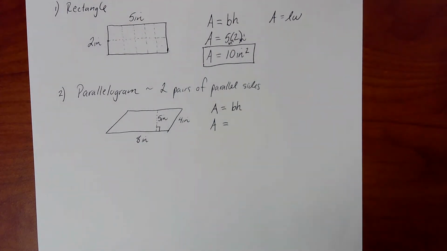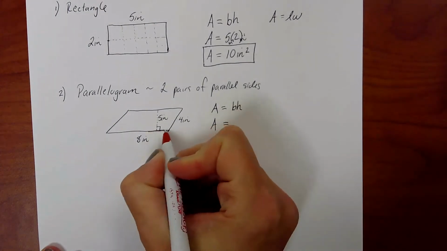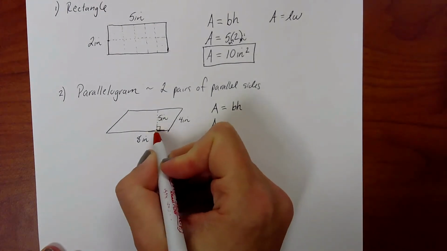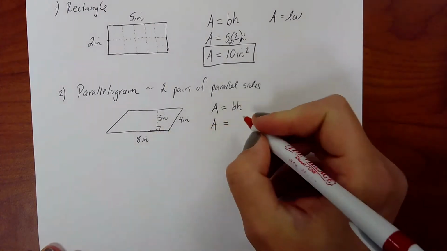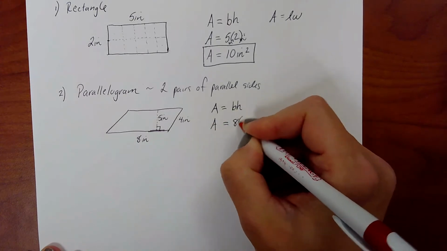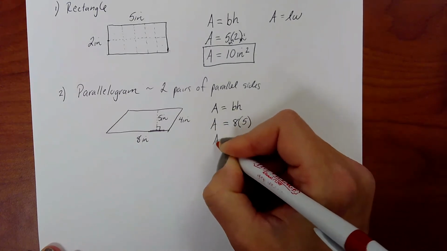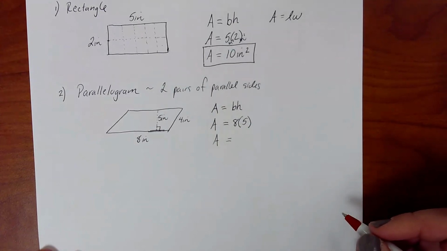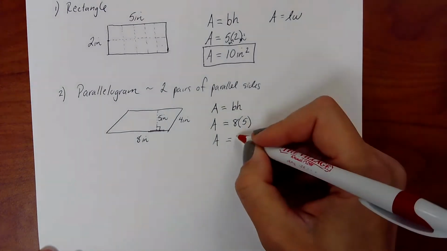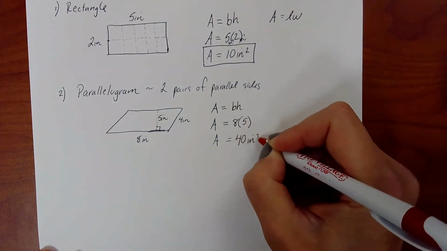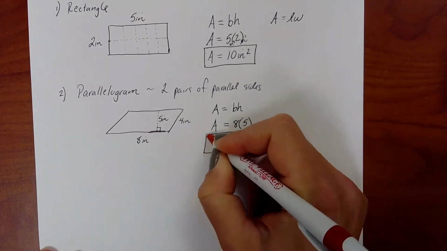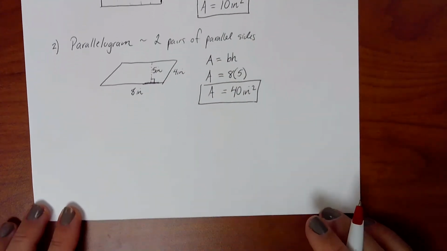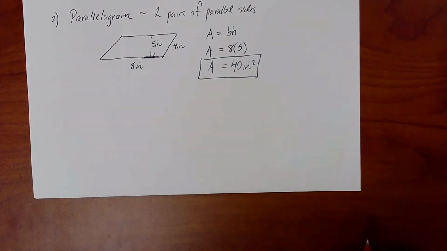The base and height are always going to make a 90 degree angle with each other. So in this case the base is 8, the height is 5. We're not going to use the 4 for area. Multiply those together, and there are 40 square inches in that shape.